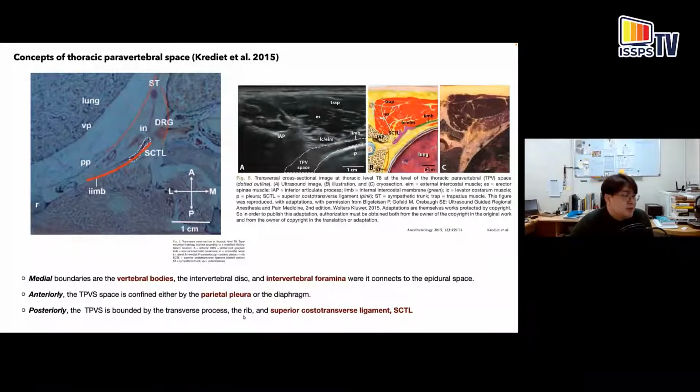So although the endothoracic fascia is a kind of potential extension of the TPVS, I think, physiologically, there would be less space between the rib and pleura. Anyway, these three borders make a narrow triangle of the TPVS. It has a major nervous compartment, including spinal nerve, dorsal ganglion, and even sympathetic ganglion.